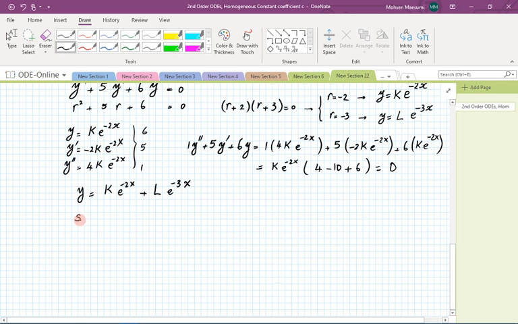Suppose I ask you to solve y double prime plus 7y prime plus 12y is equal to 0, subject to the constraint that at time 0 this function is 1 and its derivative is 2.